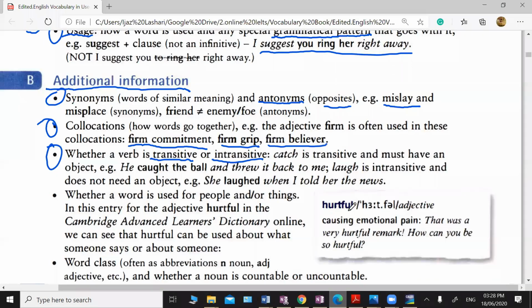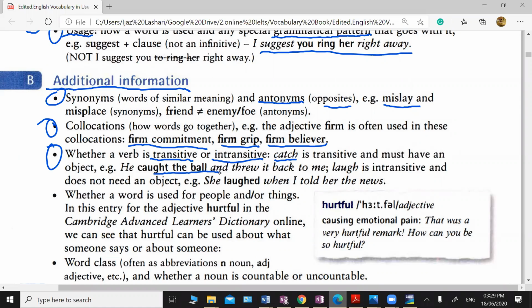Coming back here, the dictionary also tells you that, for example here, catch is transitive and must have an object. Catch what? He caught the ball and threw it back to me. So he caught the ball.